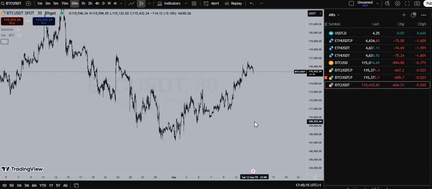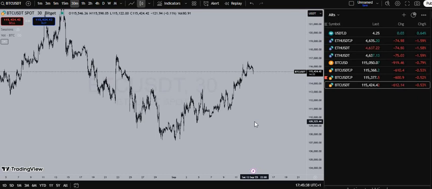A bullish structure is a market structure that shows price movement moving upward over a given period in time, while a bearish price action shows downward price movement over a given period in time.